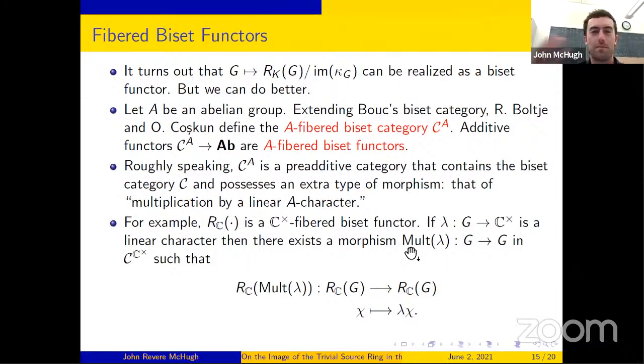So it's just an abstract morphism in this category, such that when you plug it into the functor, you get the morphism from RC of G to RC of G given by multiplication by lambda. So again, it's a larger category that allows one extra operation, the operation of multiplication by a linear character.